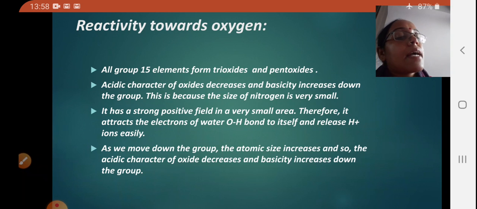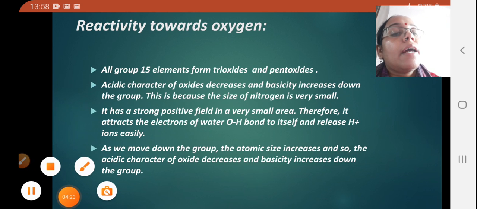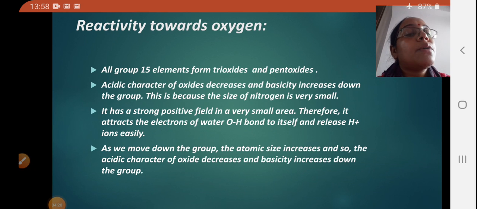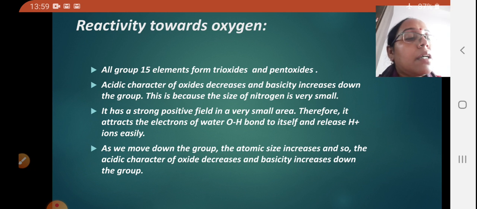And since the atomic size is increasing, the acidic character of the oxide decreases and the basic character of the oxide increases. That means the atomic size is inversely proportional to acidic character and directly proportional to the basic character.